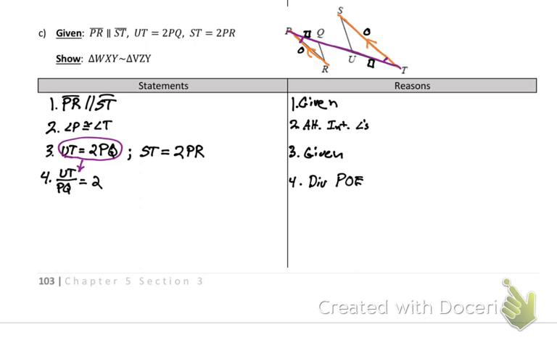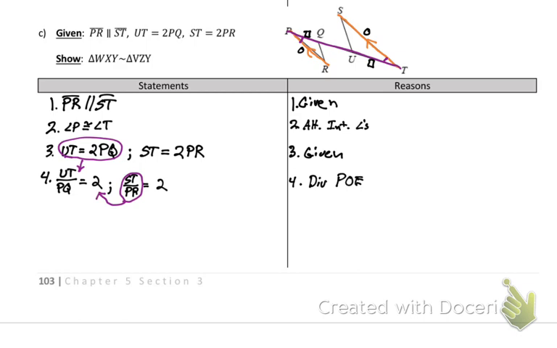Well, I could do the same thing for the other one. So I'm going to go ahead and put a comma here and say I would have ST divided by PR equals 2. That's also the division property of equality. So I have both of those equal a scale factor. Now I can say both of these equal each other because we can use substitution. I can substitute it in for this 2 here.